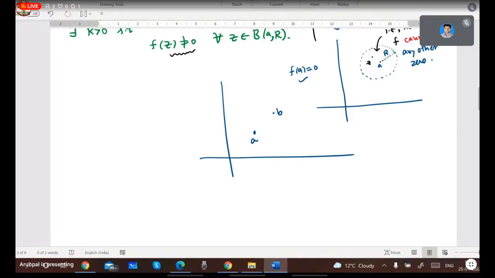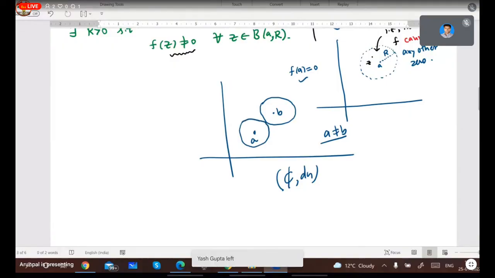And if A is not equal to B, then we are in the metric space C with the usual metric. And if you remember, class, for these two metric spaces, if two points are distinct, then we can always separate them by two open balls. One of them will be centered at A and another one centered at B, and both these balls will be disjoint. Do you remember that result?